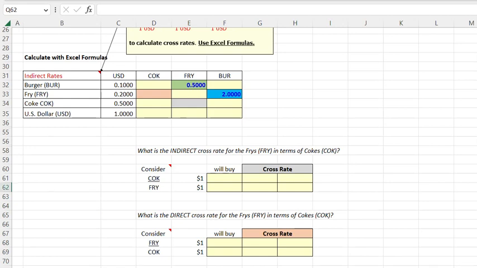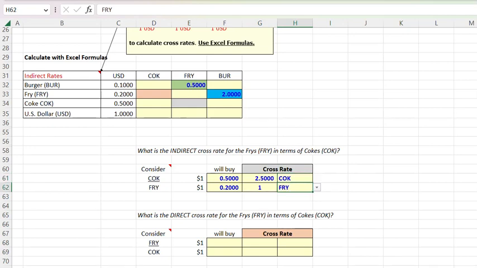We know $1 will purchase a half a Coke, or $1 will purchase 2/10 of a fry. Our cross rate then is simply 0.5 divided by 0.2, or 2.5 Cokes per fry. So again, putting our labels on there, 2.5 Cokes per French fry.